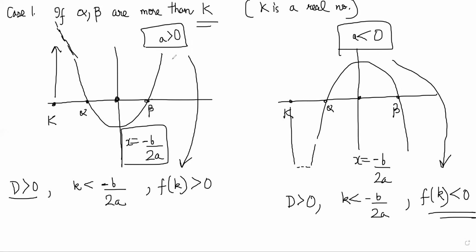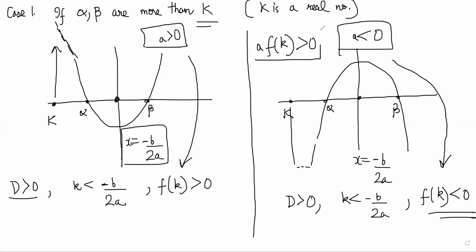So instead of doing two separate cases like this, we can combine these two and say that a times f of k must always be greater than 0, right? Notice why, because a is positive, then this is positive. So total product is positive, and here a is negative, this is negative. So total product is again positive.